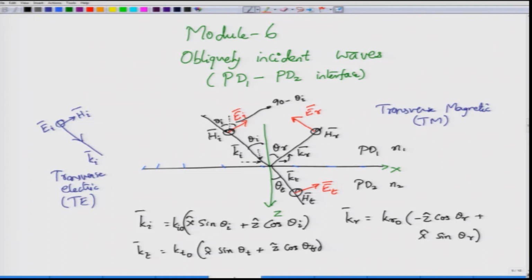Now, it is very easy for me to write down the corresponding components. So, I have one component of electric field EI directed along the minus z direction, that would be this one, and then I have an electric field component directed along the plus x direction, which is along this one, with of course the sine and cosine considered appropriately. So, I will write down the expression for the incident electric field. Please ensure that you understand this equation, and in case I have made a mistake, please let me know.